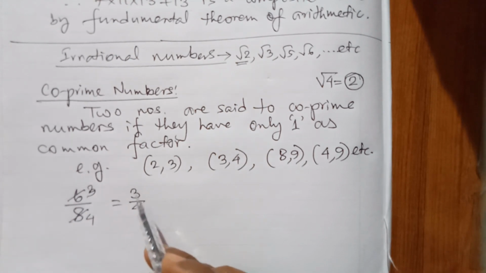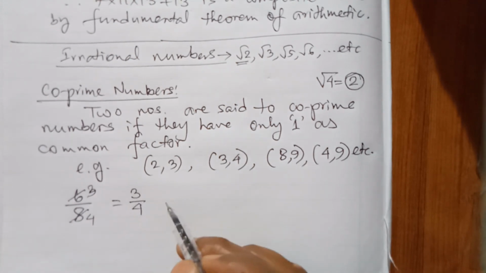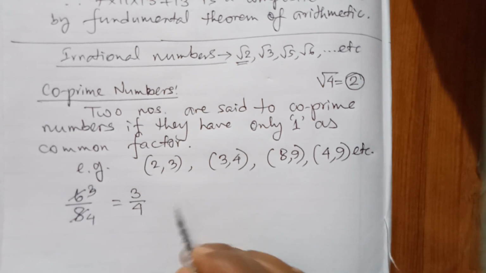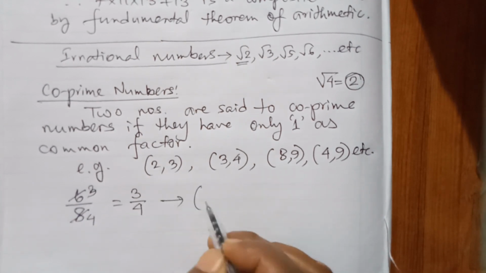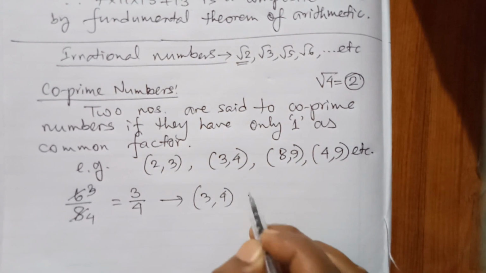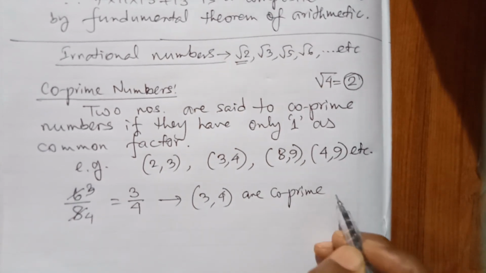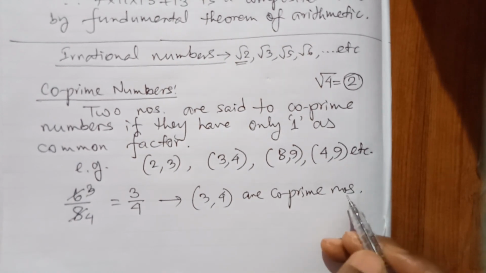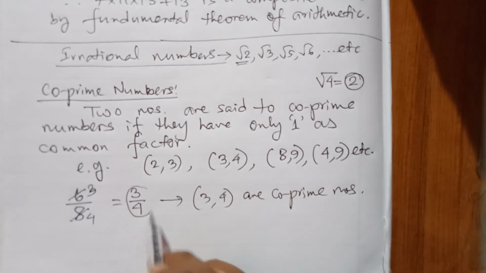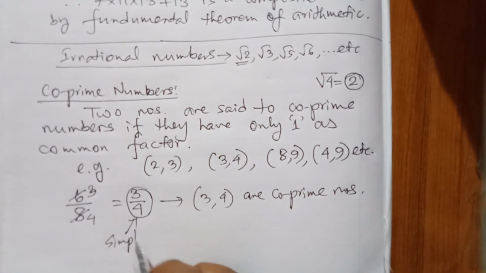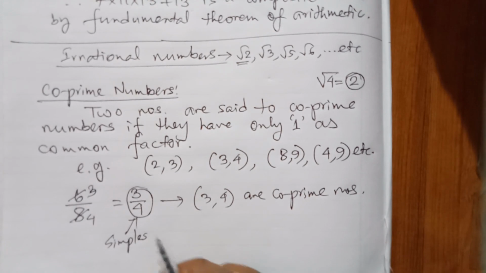As this is simplest form, then in that case you can see that numerator and denominator both are co-prime numbers. So here 3, 4 are co-prime numbers. So in simplest form only you can get the numerators and denominators as co-prime numbers.